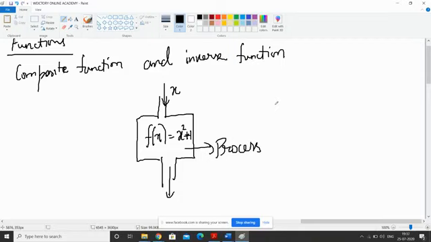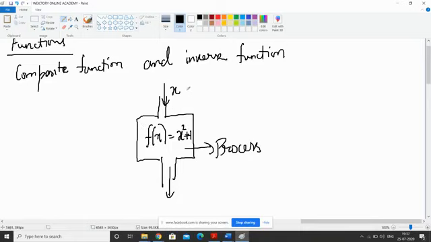For that particular input, the machine processes your command, and then corresponding to that, it does the process. It gives you the output after doing the process, right? So all machines in real life work on the concept of function. Functions are a machine which processes the input and gives you the output.